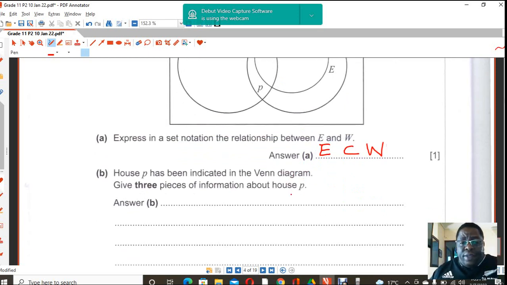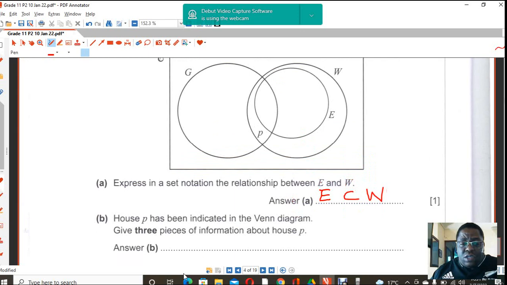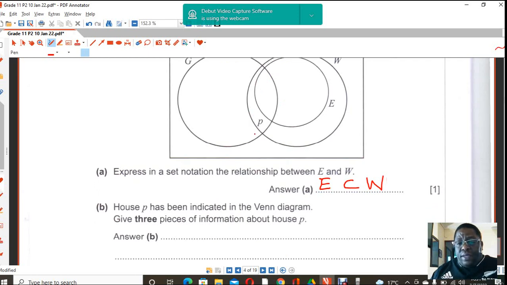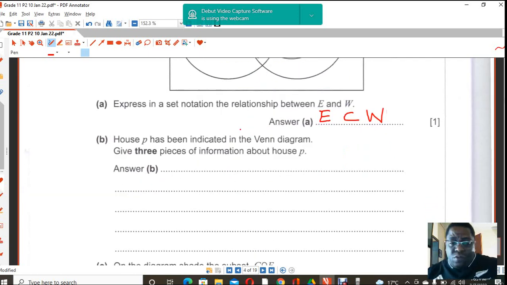House P has been indicated in the Venn diagram. As you can see, give 3 pieces of information about house P. Well, house P has got water and gas, but no electricity. So you can write that down.